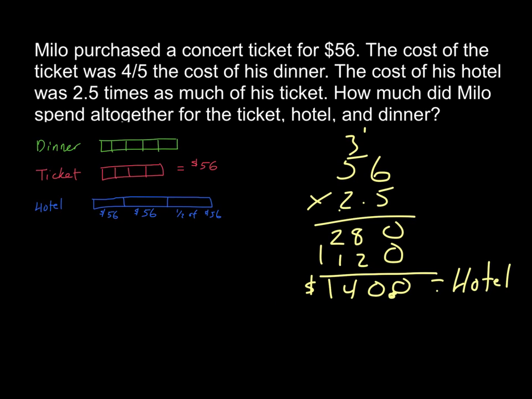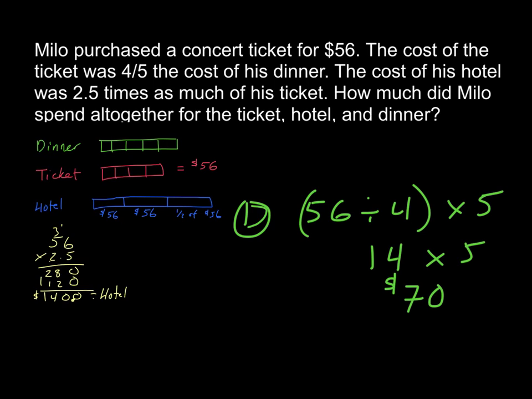When I solve this, I like to solve the hotel first because I already know where that's going to be with 2.5 times. So I did this in the standard algorithm, moving my decimal out, multiplying 56 times 25, solving it, moving the decimal back in to see that the hotel cost $140.